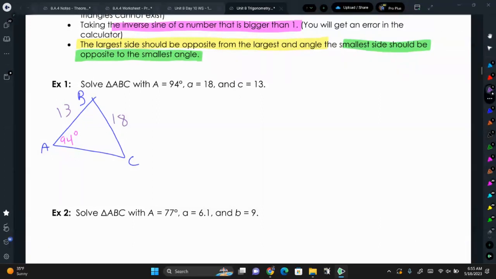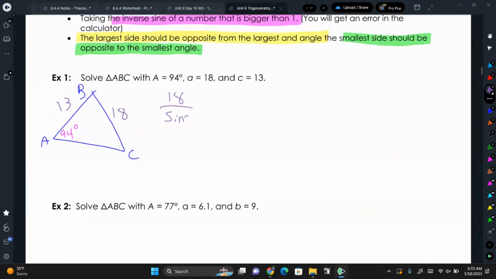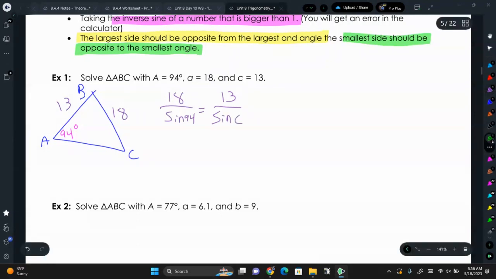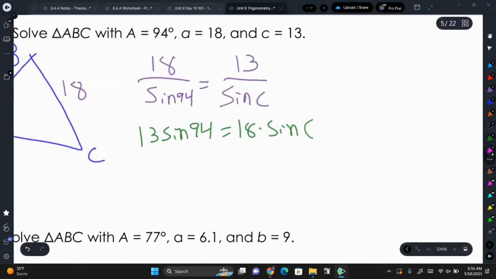We're going to say 18 over sine of 94 is equal to 13 over the sine of C. Then we cross multiply, just like what we did the other day, and we have 13 times the sine of 94 equals 18 times the sine of angle C. Divide both sides by 18.